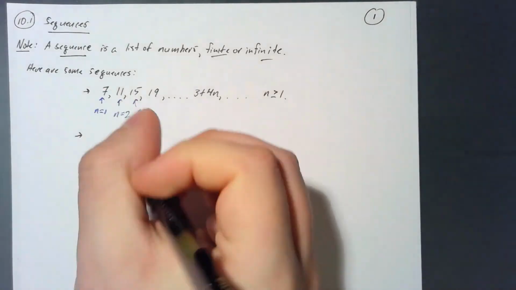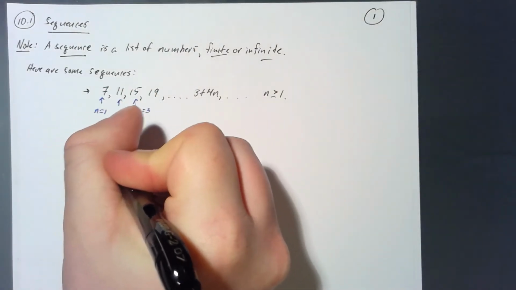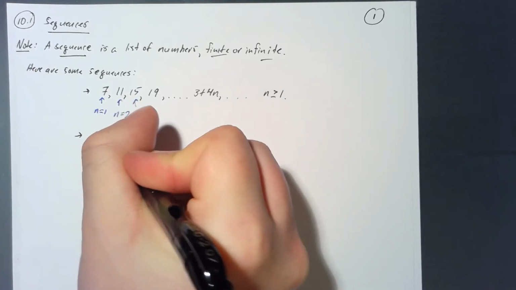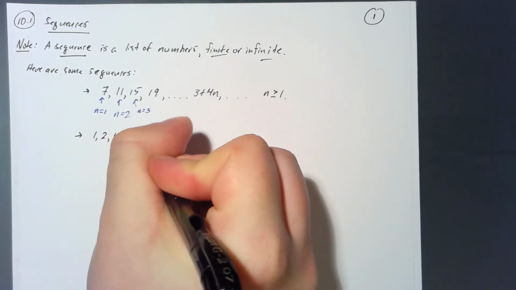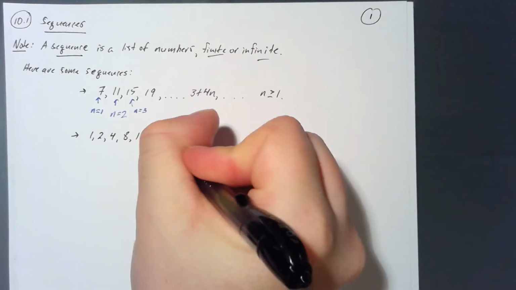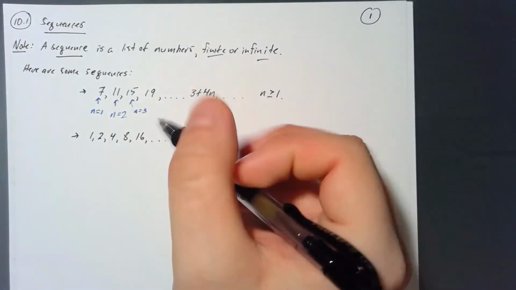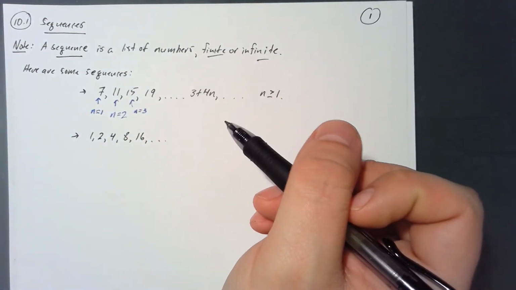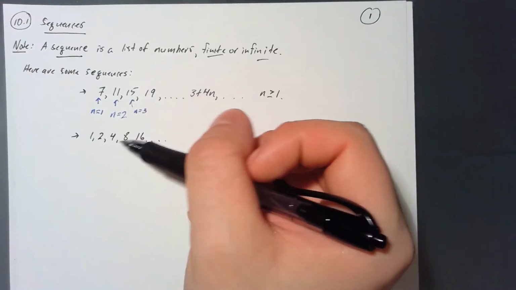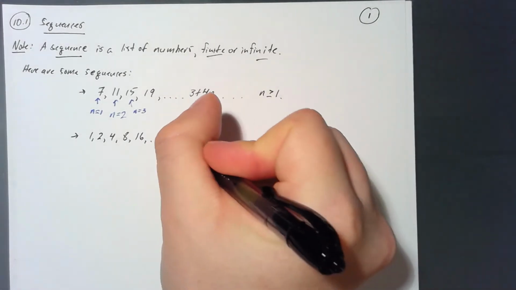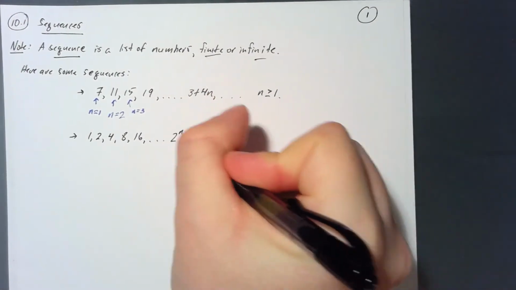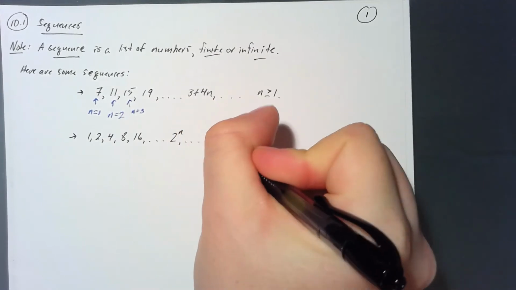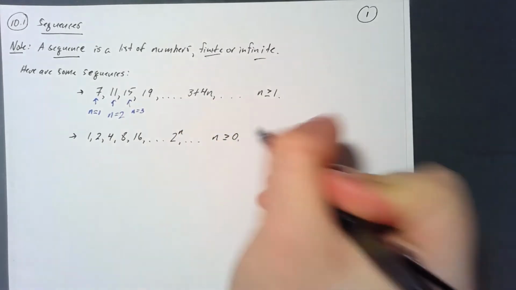Here's another sequence. 1, 2, 4, 8, 16, dot, dot, dot. So this one seems to be a little more familiar. This is actually a power of 2. So this is 2 to the nth power, comma, dot, dot, dot, where n is greater than or equal to 0.